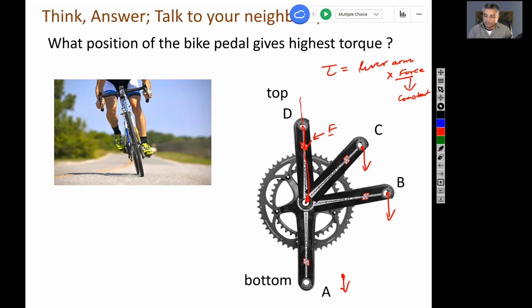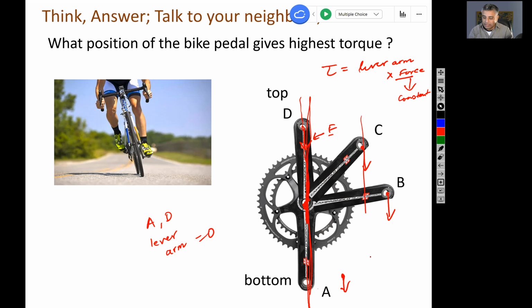So yes, you are applying the same force, but torque is 0 because the lever arm is the distance from the axis of rotation to the line of action of force. They are at the same point, meaning the lever arm is zero. It's the same thing for this one as well. So the lever arm for A and D is zero.